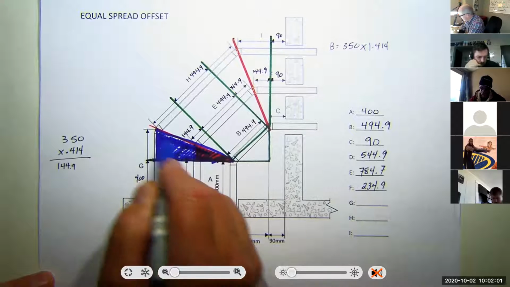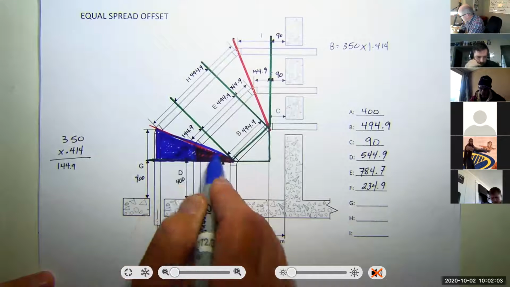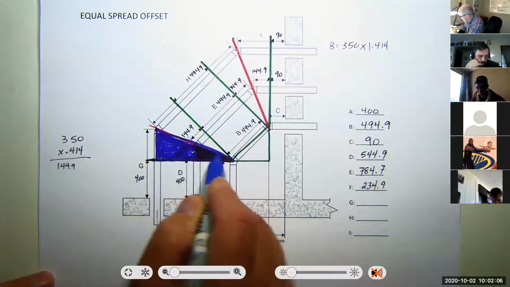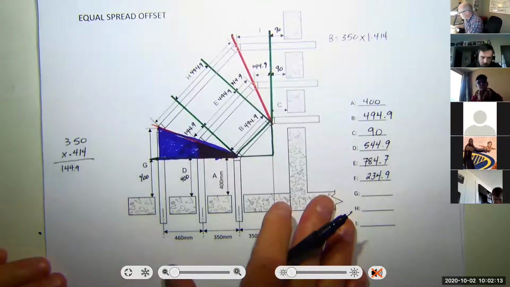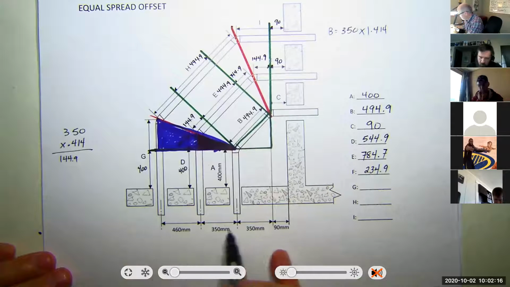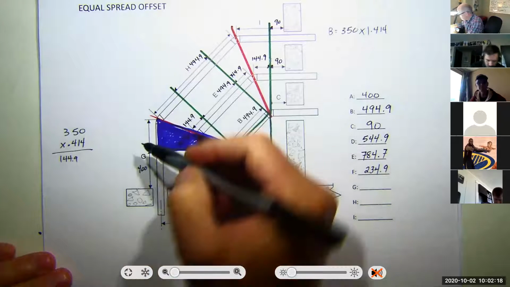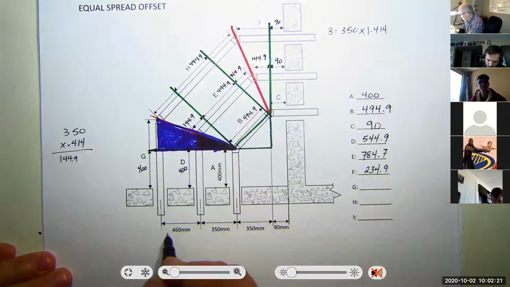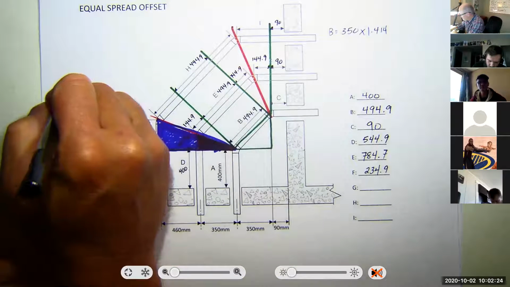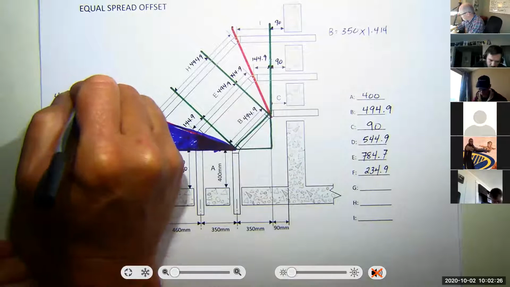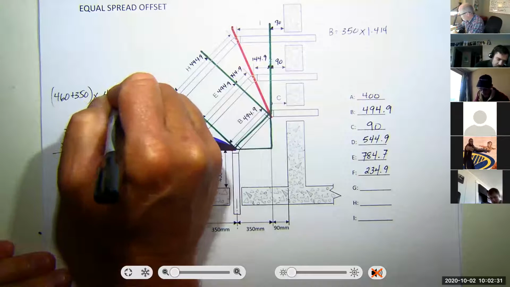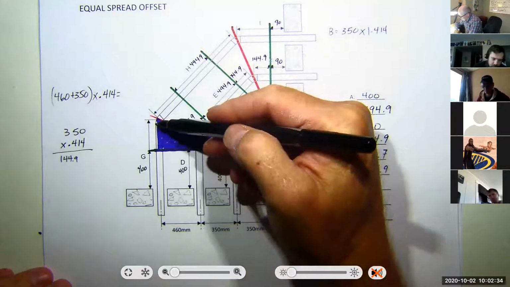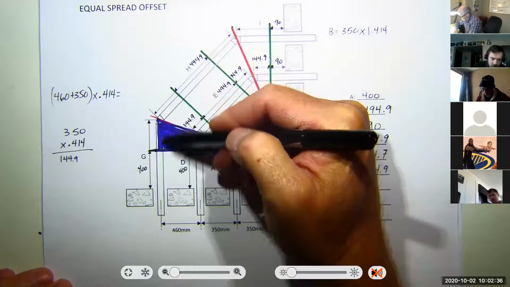You see now I have a larger 22.5-degree right angle triangle. So if I know my run, I can get my rise. So I'm going to take my run, which is 460 plus 350, and multiply that by 0.414. And that will give me this measurement right here.